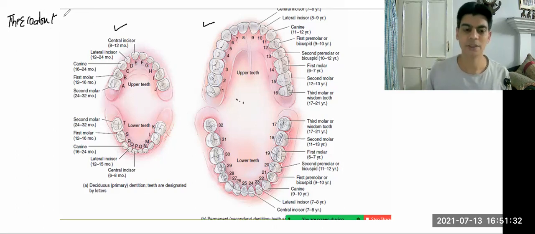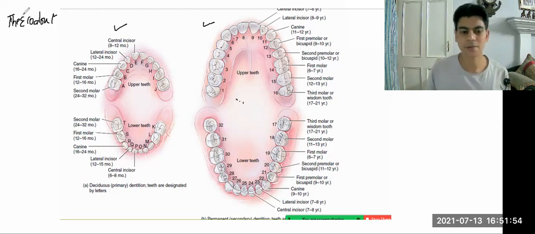Thecodont means that our teeth are embedded or anchored in the socket, and the socket is present on the jawbone. This jawbone we call maxilla and mandible. The upper jawbone is maxilla, the lower one is mandible.